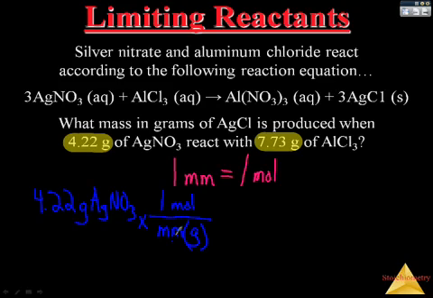Add those together and you get the molecular weight. Silver weighs 107.86. Nitrogen weighs 14, oxygen weighs 16 about, 3 times 16 plus 14 plus 107.86 is 169.86.